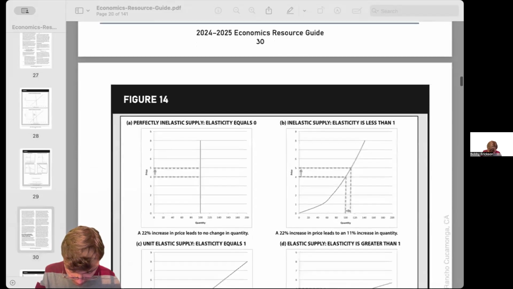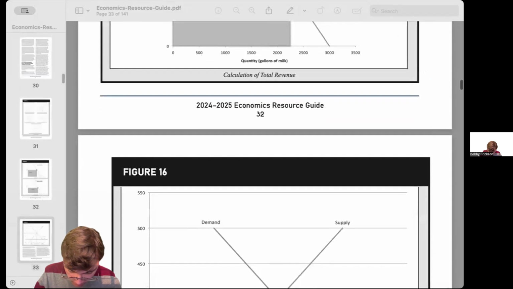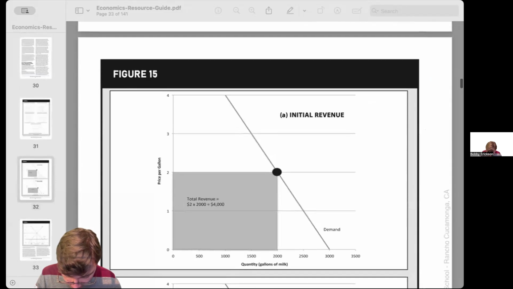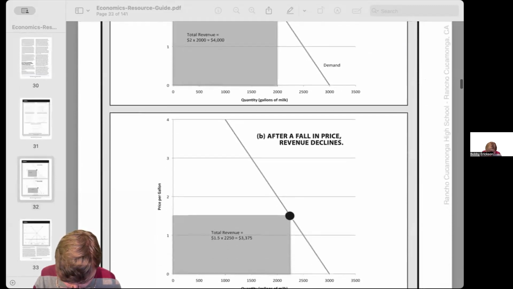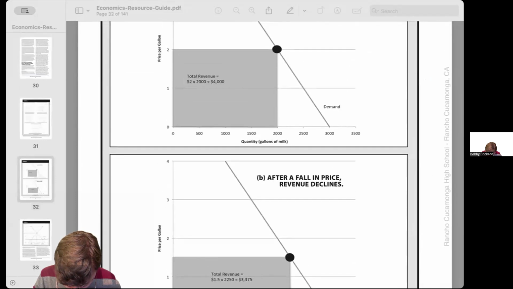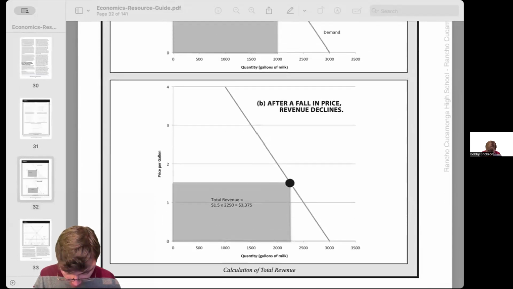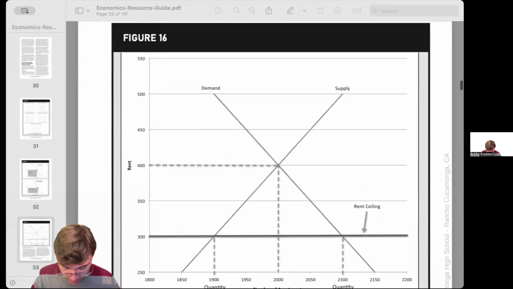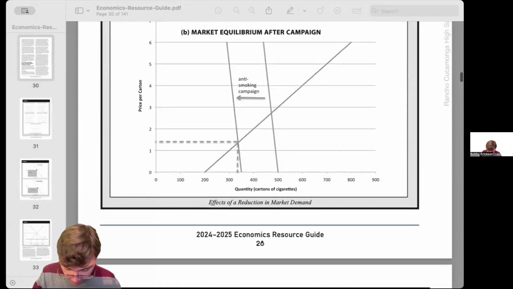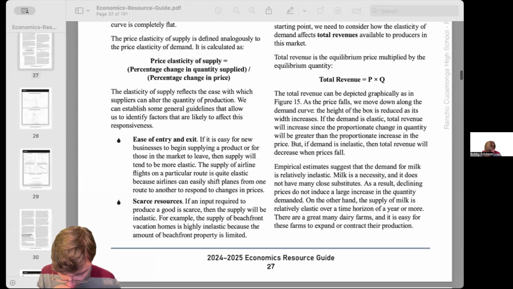Because we have an inelastic demand here, we have a revenue decline after a fall in price. And so I do believe it may be written wrong here.